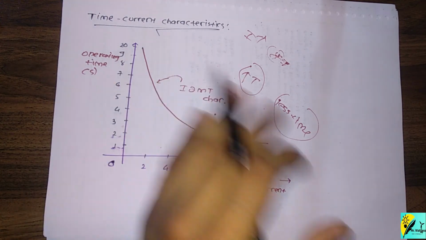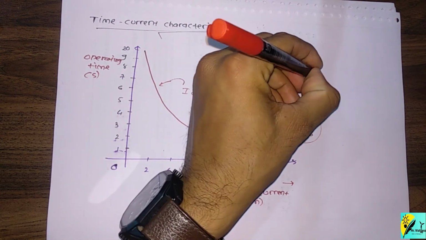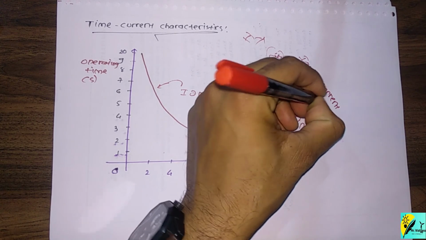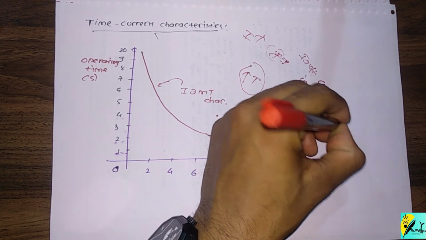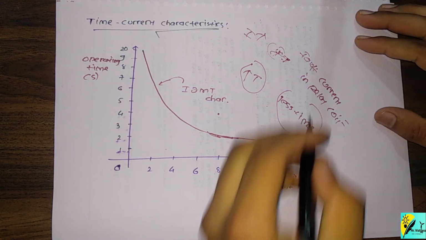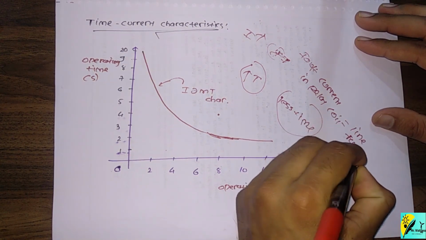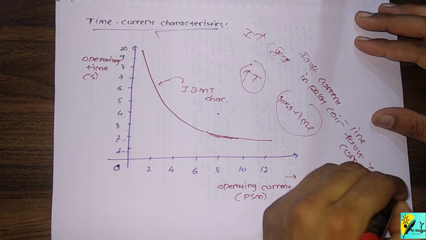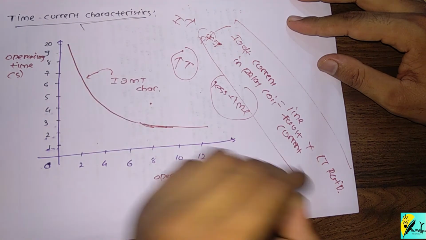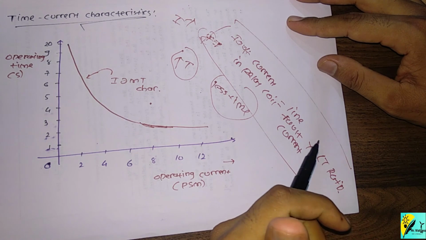Fine. So this is the fault current, and the fault current in the relay coil is equal to the line fault current into the CT ratio.